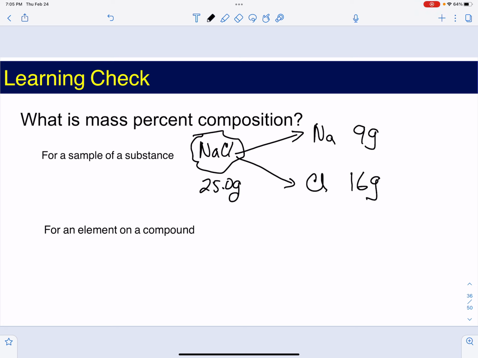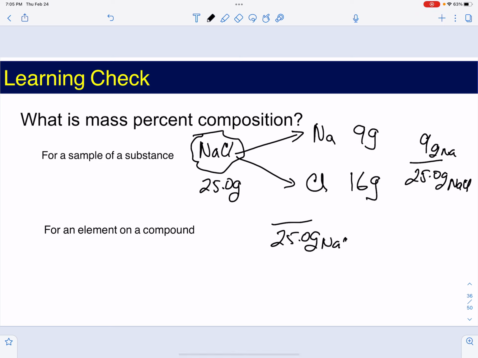So we can say then that for every 25 grams of the compound, I'm gonna have 9 grams of sodium. We can also say that for every 25 grams of the compound, I have 16 grams of chlorine.